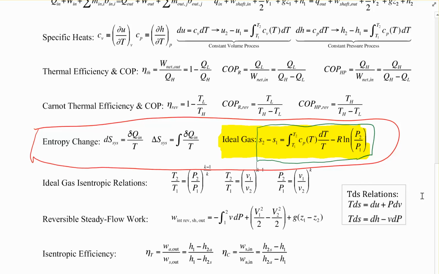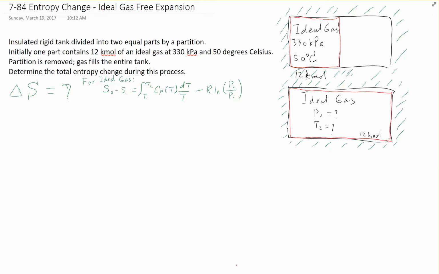Okay, so let me copy this equation to my problem sheet. Now I have copied this equation for ideal gases. The entropy change in the process can be written in such a way. The entropy change involves two parts. One part is due to the temperature change of the system. The other part is due to the pressure change of the system. Now, this is a free expansion process, so it's not really a quasi-equilibrium process.